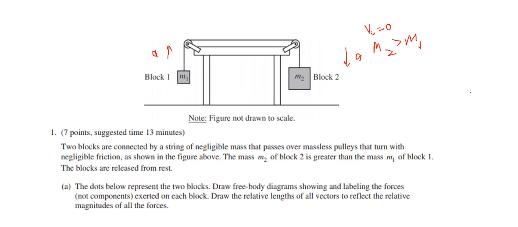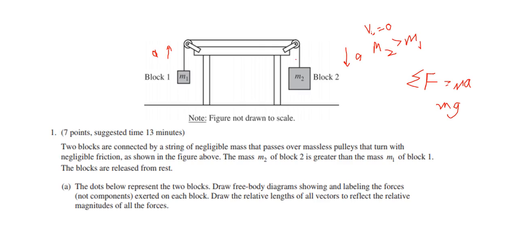Now, with Atwood machines, you know they deal with Newton's second law, so you're probably going to use net force equals mass times acceleration somewhere in here, and have to zoom in and zoom out just to kind of analyze it. And the two forces, since everything's pretty much frictionless, hopefully will be some sort of weight, which is probably the weight of 1 and the weight of 2.